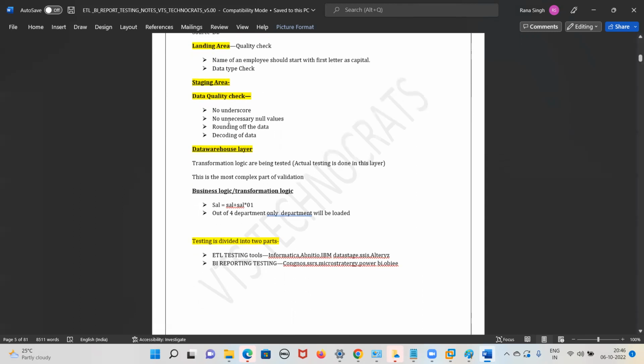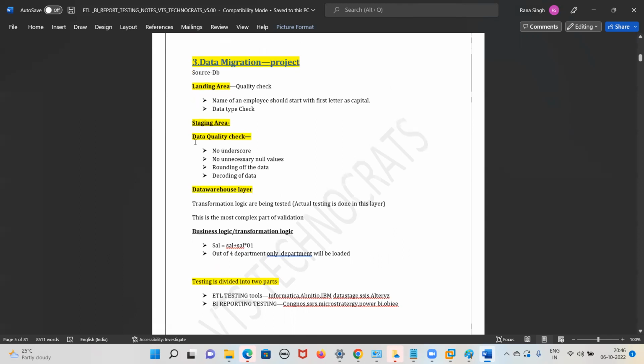Staging area: suppose there should not be any underscore, and no unnecessary null values should be there. Rounding of the data, decoding of the data. I have taught decoding. There's a function called, if you remember, the case statement, or I told you something called decode. Suppose the department number is 10, then represent it with IT.